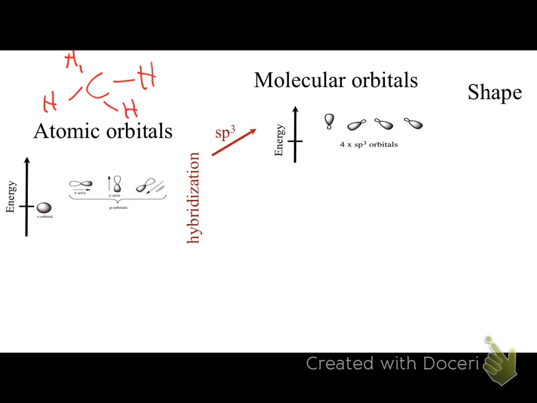We need 4 equivalent bonds, 4 equivalent areas where we can put electrons for our ultimate shape. The bond angle between those needs to be 109.5. So what someone said is, I need 4 new orbitals. One thing we can ignore here is where I've got sp3 written. Let's cross that out for the moment. We need 4 new orbitals.